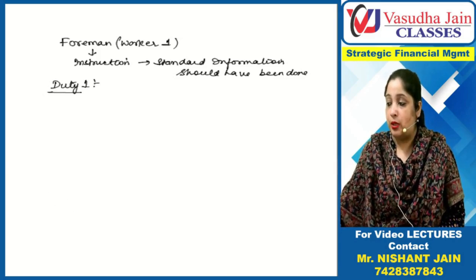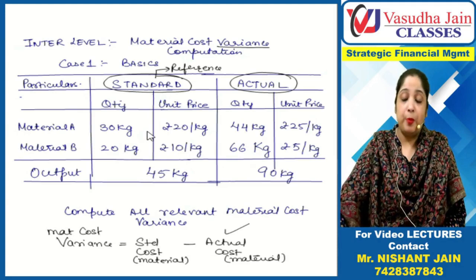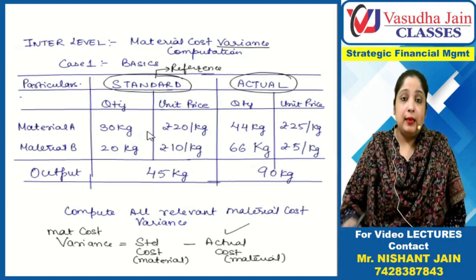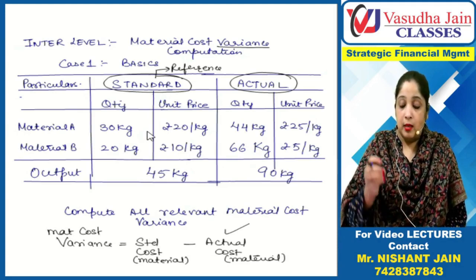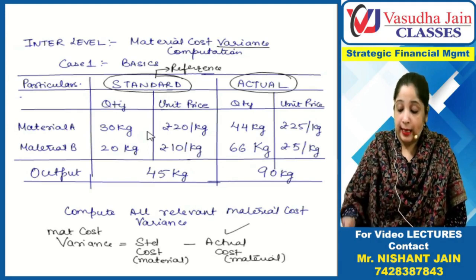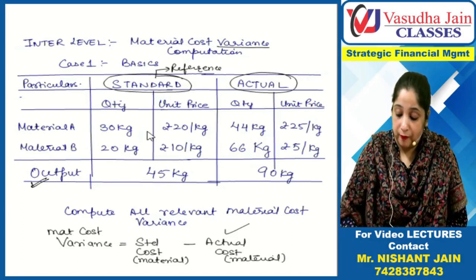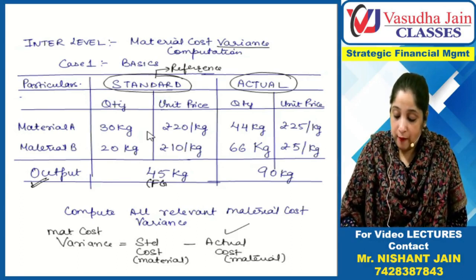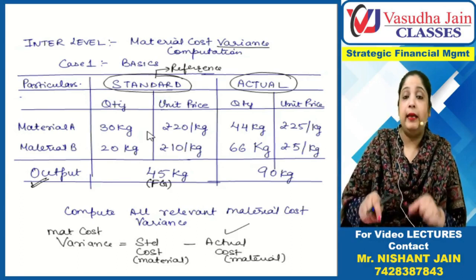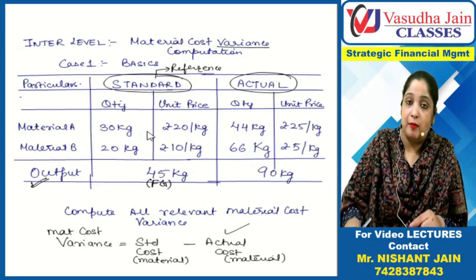Now coming back to the question, I am telling my foreman, listen to me carefully: in order to produce output of 45 kg, this is finished goods. Finished goods are not represented in units, they are also represented in kg in my example.